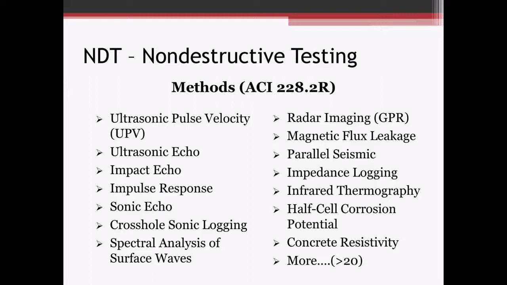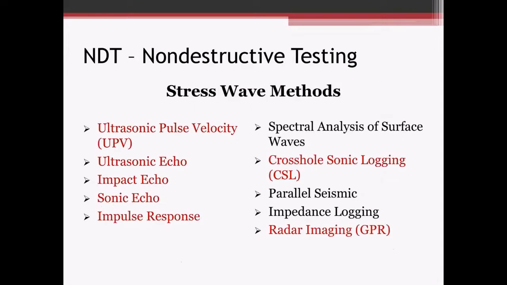There are about 20 more in ACI 228.2 that aren't listed here. Concrete resistivity is one that's gained some popularity in the last couple of years. There's a good correlation between electrical resistivity of concrete and chloride ion penetration. So that's kind of interesting.